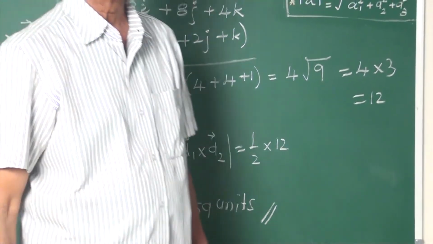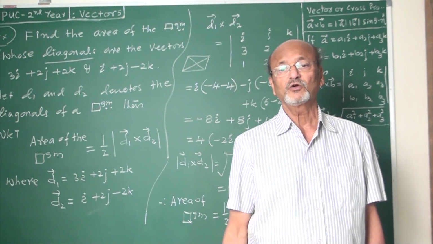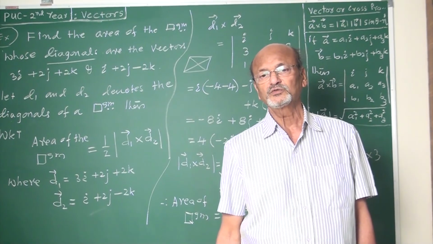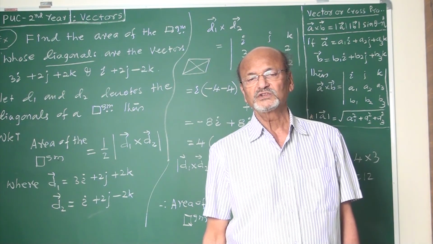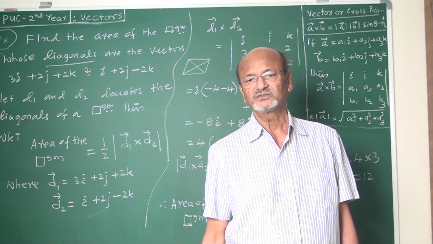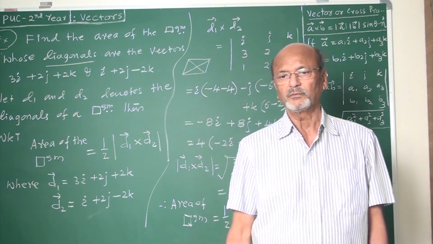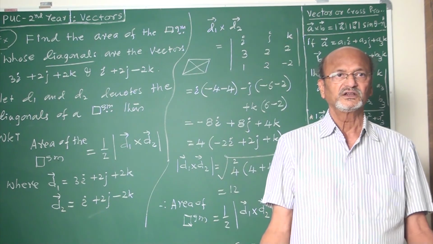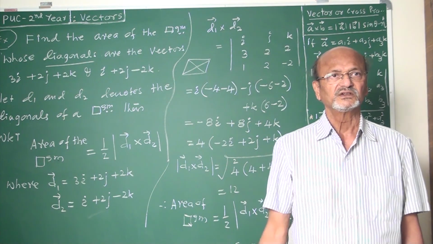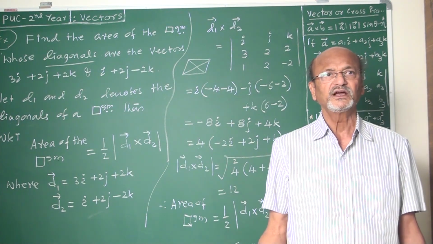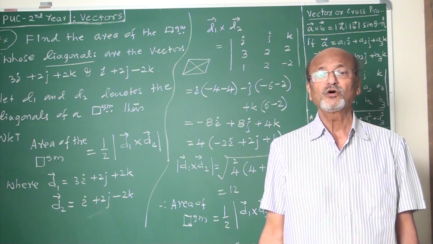Today, in this class, we have considered the geometrical meaning of the cross product, A cross B. Geometrically, A cross B represents the area of the parallelogram whose adjacent sides are the vectors A and B. If you join one diagonal, you get two triangles. Each triangle is half of the area of the parallelogram, whose formula is half magnitude of A cross B.